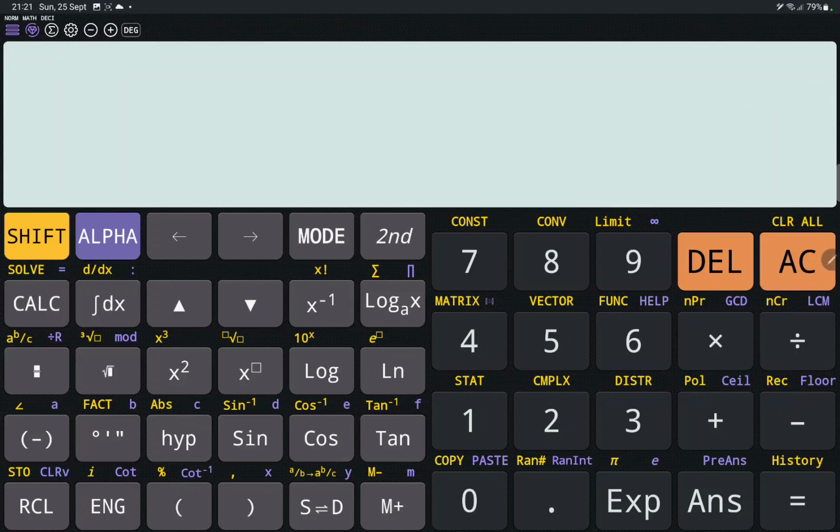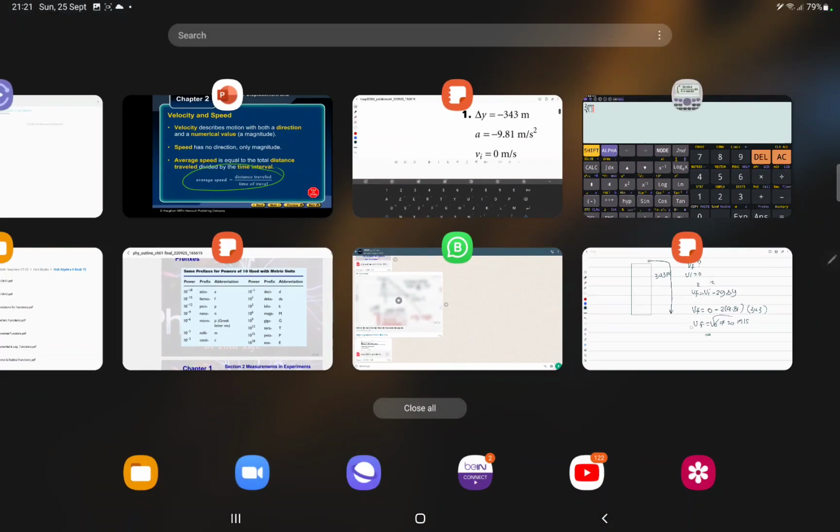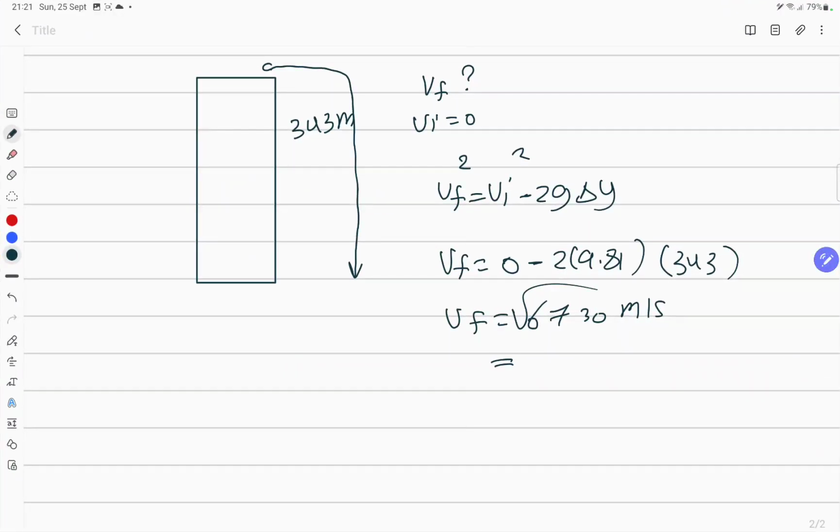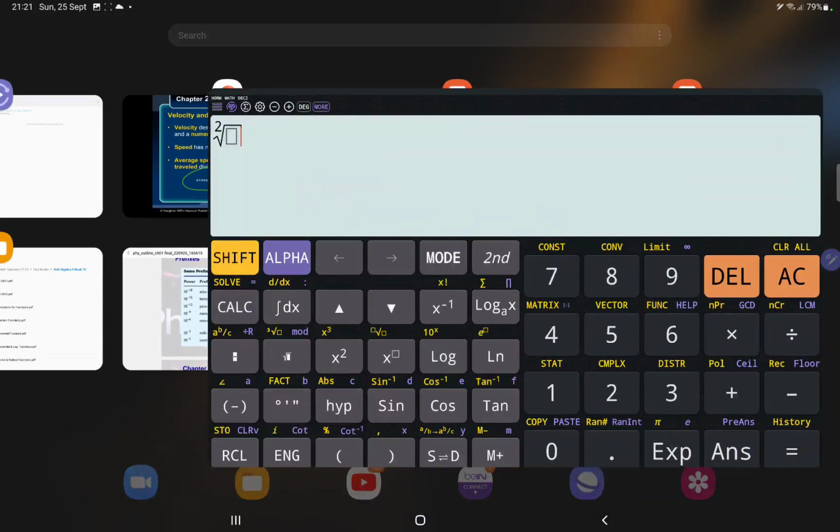This is a new calculator. One second. I'm in the square root. Okay, shift square root, but okay, this is 2. 6730.